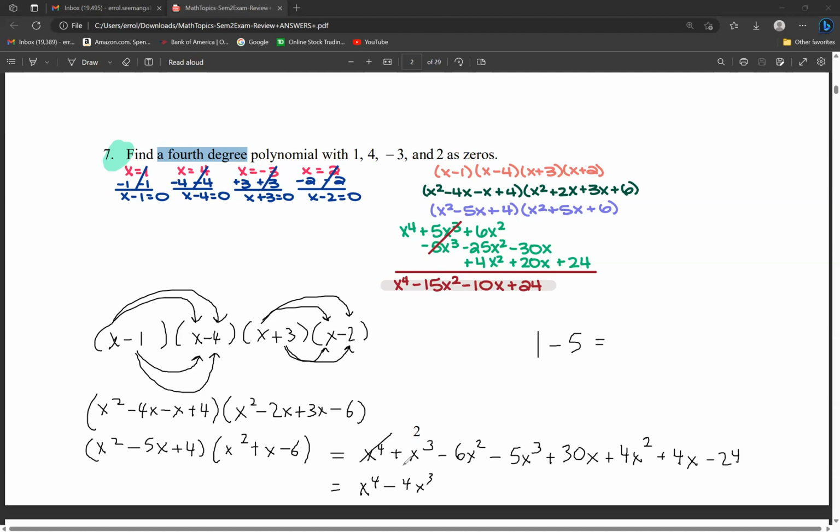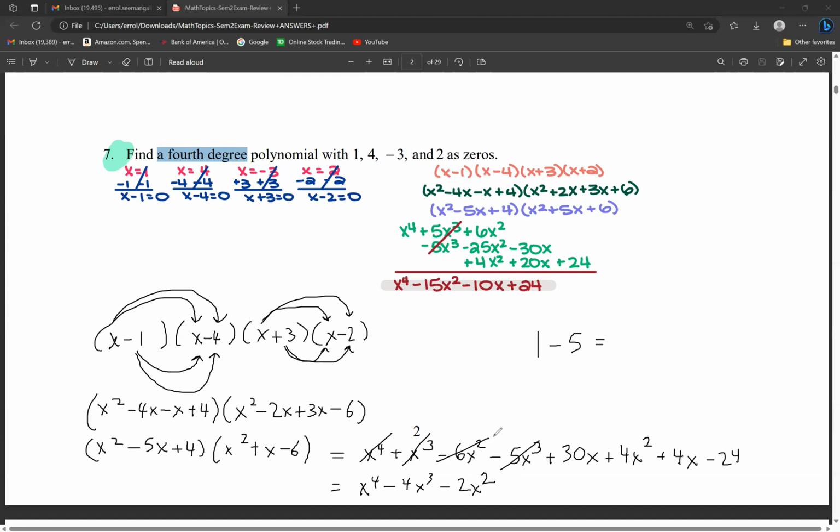So the x⁴ is done. The x³ is done. What's left over? The x²s. Yes. Negative 6x² and 4x². That's negative 2, -2x².